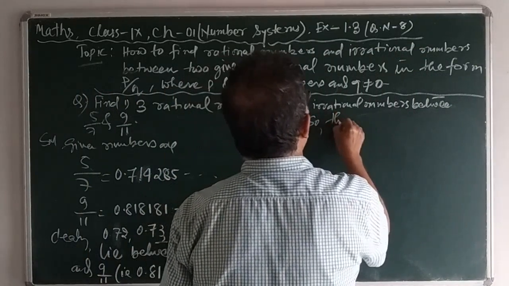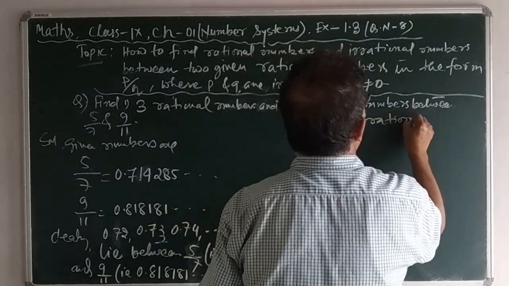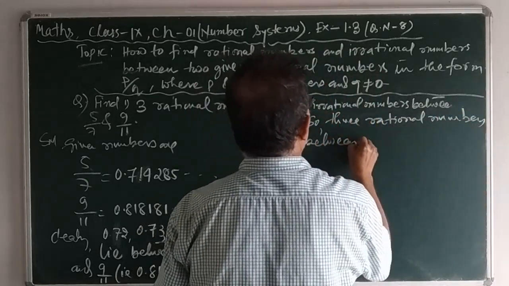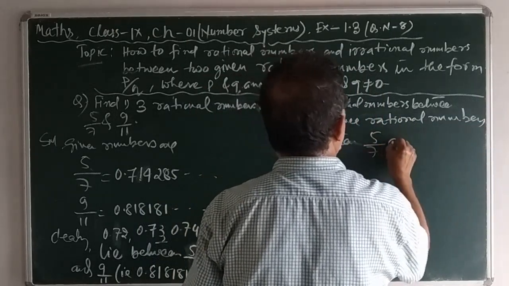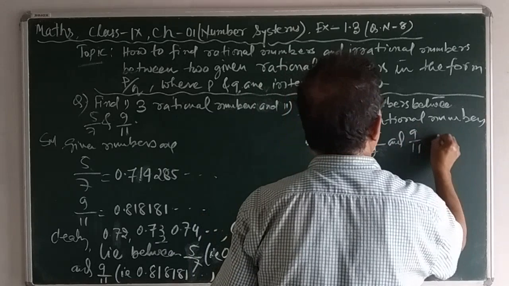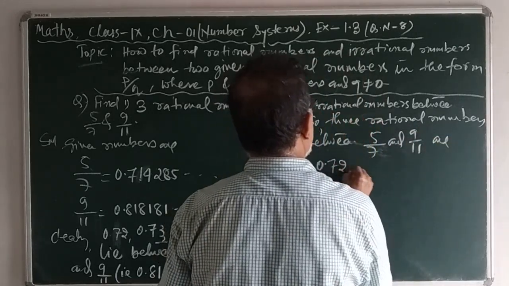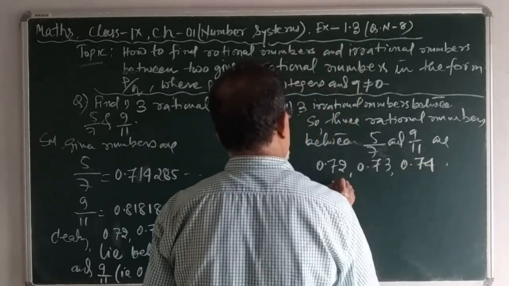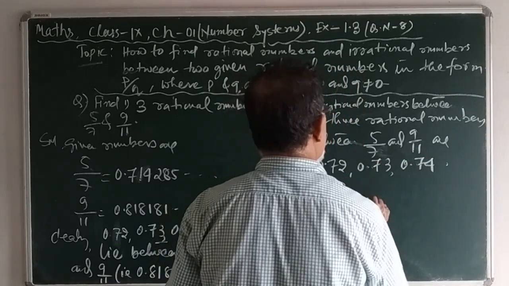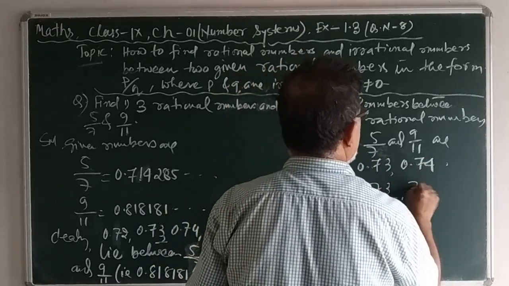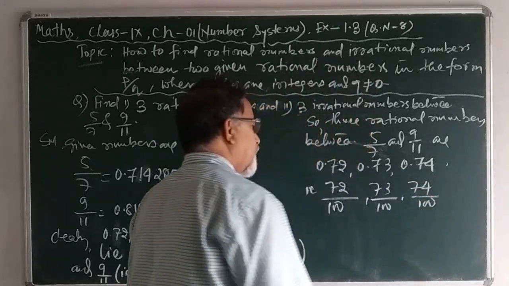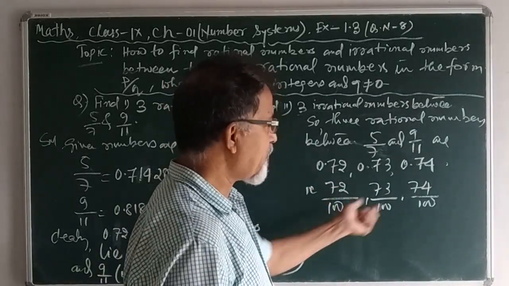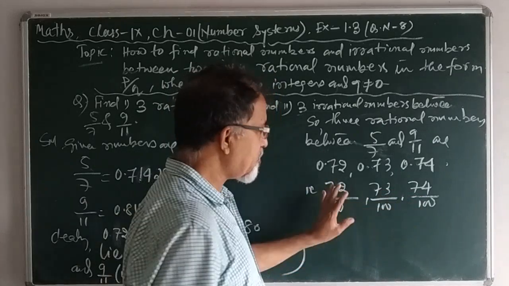So 3 rational numbers between 5 by 7 and 9 by 11 are 0.72, 0.73, 0.74, that is 72 by 100, 73 by 100 and 74 by 100, and we can write these in the simplest form as 18 by 25 and 37 by 50.